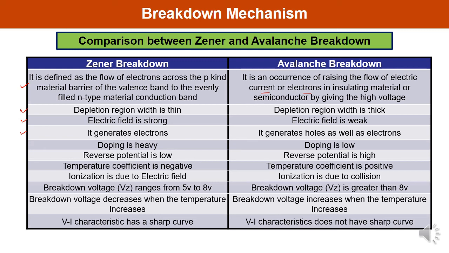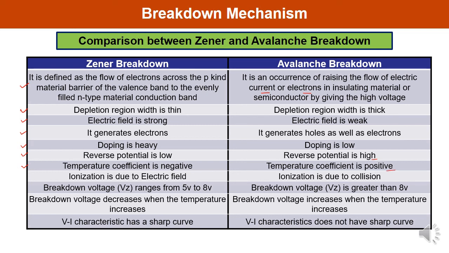For Zener breakdown, doping is heavy, while for avalanche breakdown, doping is low. In case of Zener breakdown, reverse potential is low, while reverse potential is high in case of avalanche. For Zener breakdown, the temperature coefficient is negative, while for avalanche, the temperature coefficient is positive.